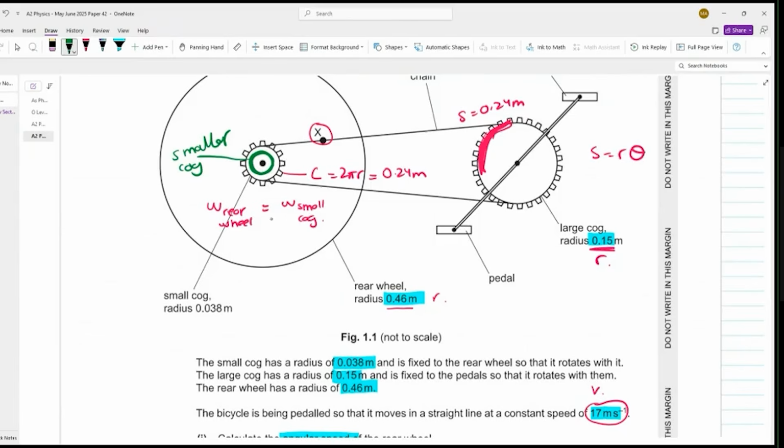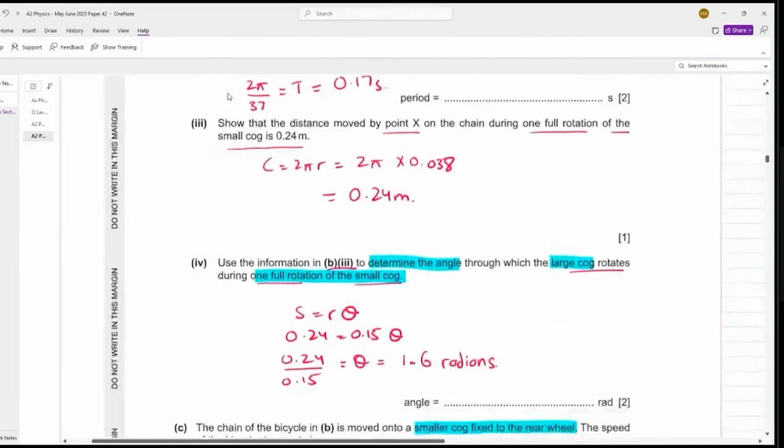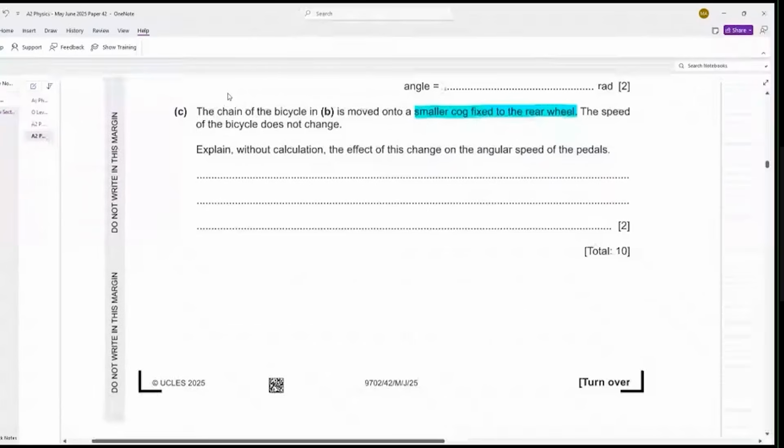This basically means that the radius of the cog will drop. Okay, let's see. The speed of the bicycle does not change. Explain without calculation the effect of this change on the angular speed of the pedal.